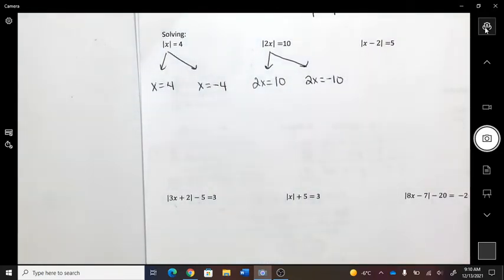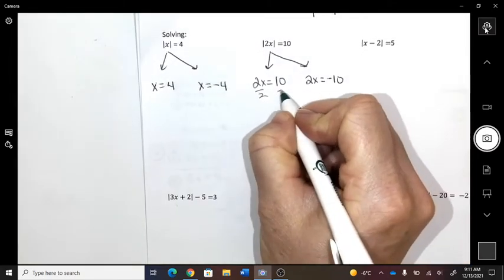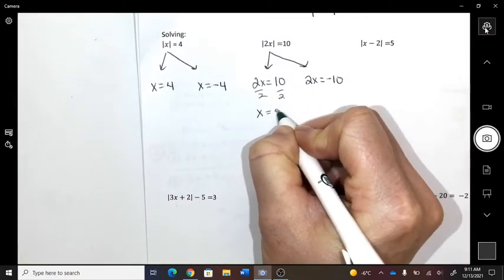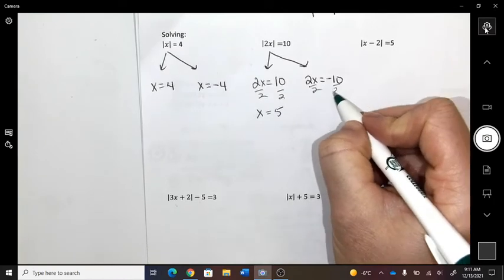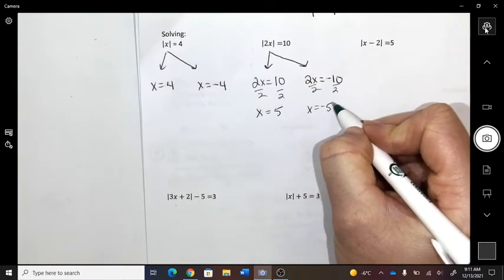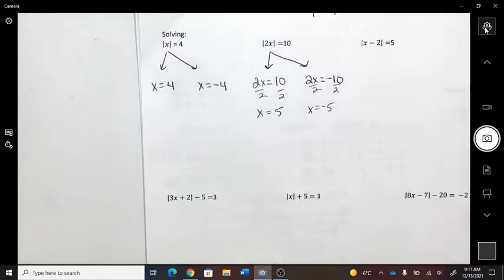The absolute value of 10 is 10, the absolute value of -10 is 10. So I'm taking turns making the inside bracket be the positive version and the negative version. That's what I'm doing. Okay, so now I'm going to solve. In one situation, x could be 5. And in this situation, x could be negative 5.